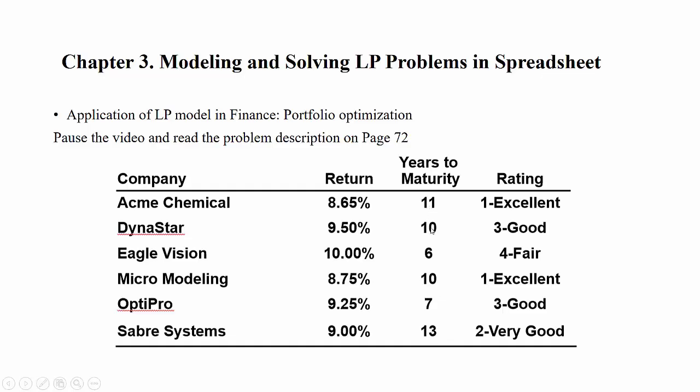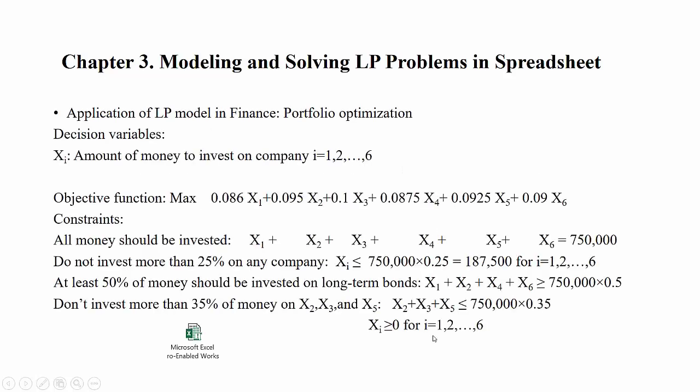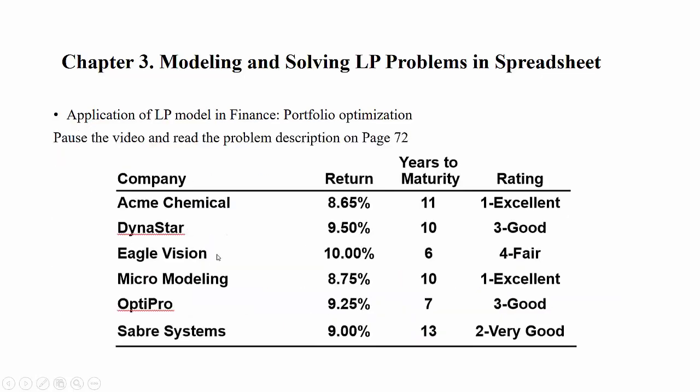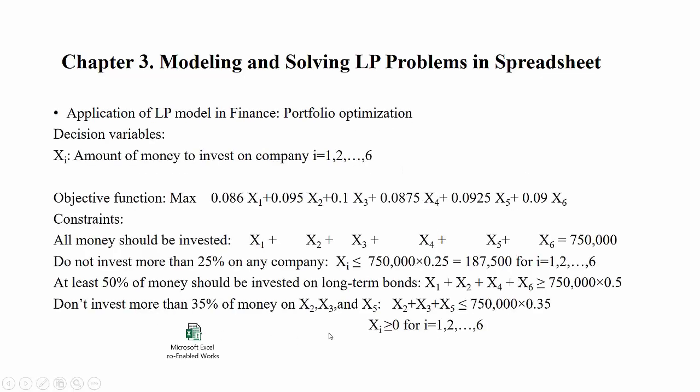So the summation of x1 plus x2 plus x4 plus x6 should be more than 50%. And then we cannot invest more than 35% in Dynastar, Eagle Vision, and OptiPro. So x2, x3, and x5. The summation of x2, x3, and x5 should be less than 35% of the investment.